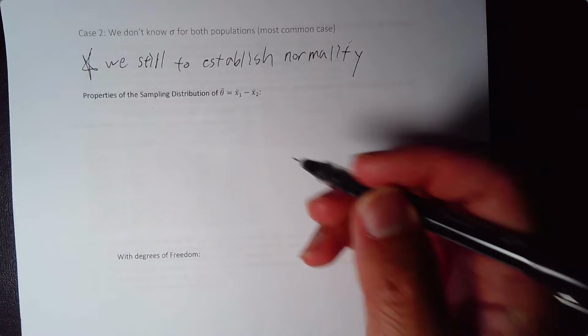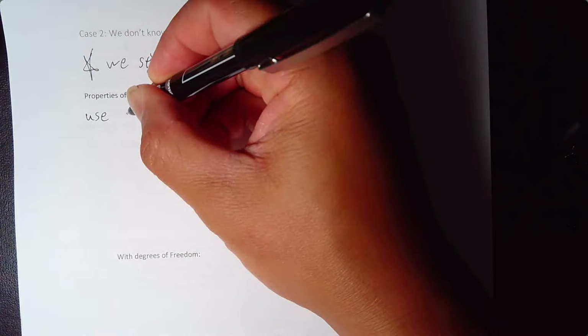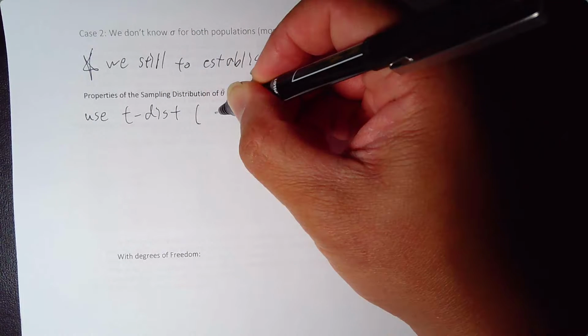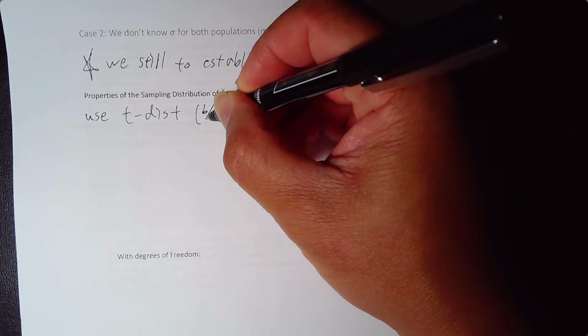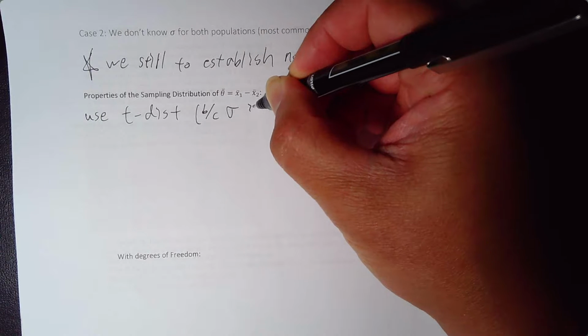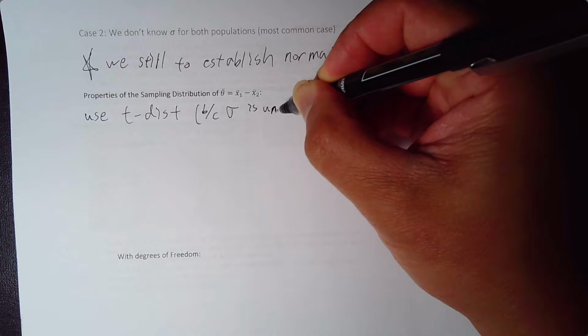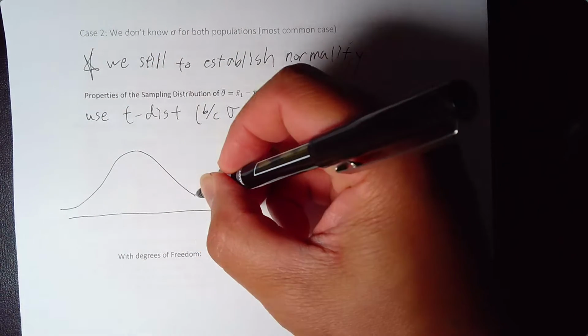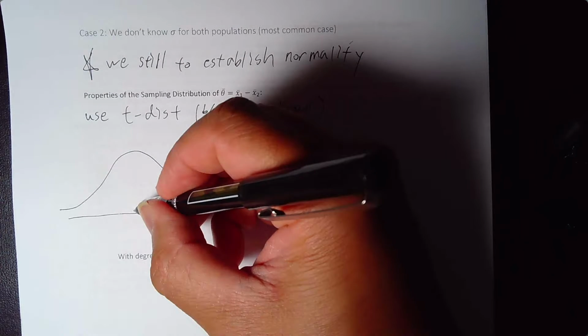Now, because we don't have sigma, we use the t distribution, just like with a single parameter, because sigma is unknown. And remember, the t distribution is still approximately normal. Our center is still at 0.